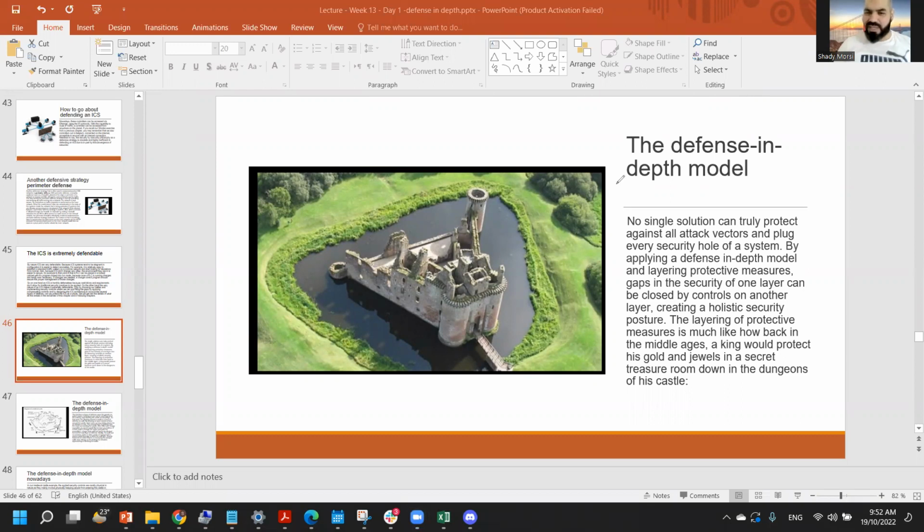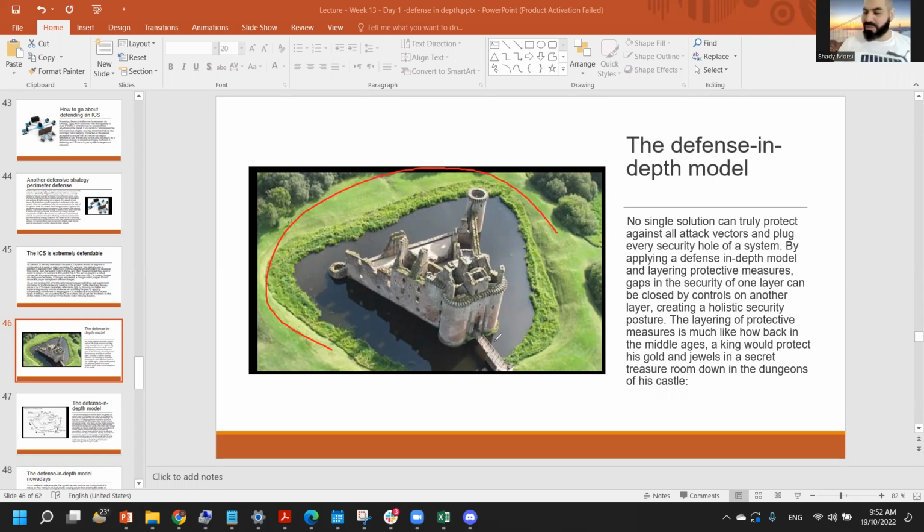So defense in depth is saying, let's say you have this castle and you really want to defend it. You need to create layer upon layer. Don't rely on one solution and say a firewall is enough to protect my systems, or antivirus is enough to protect my systems from attackers.